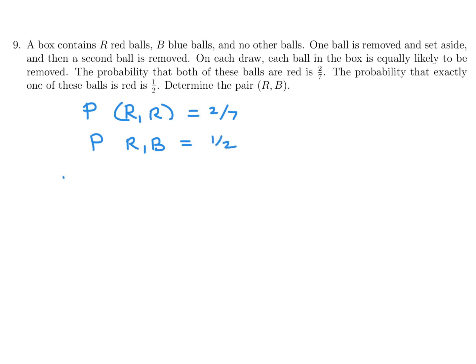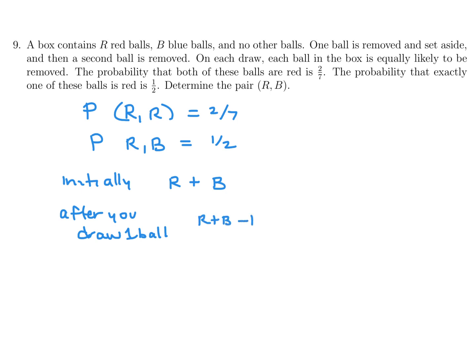Okay, so initially in the box you have R red balls and B blue balls. So the total is R plus B. And then after you draw one ball, you will have R plus B minus 1 balls remaining.